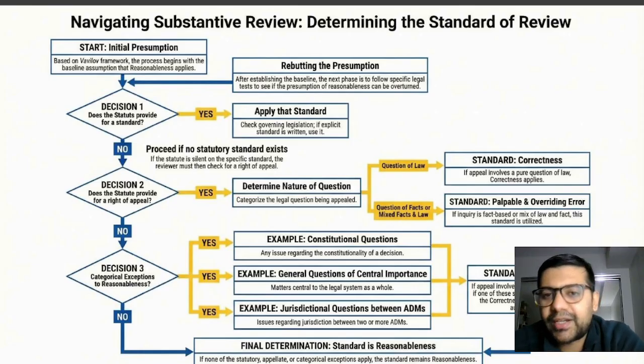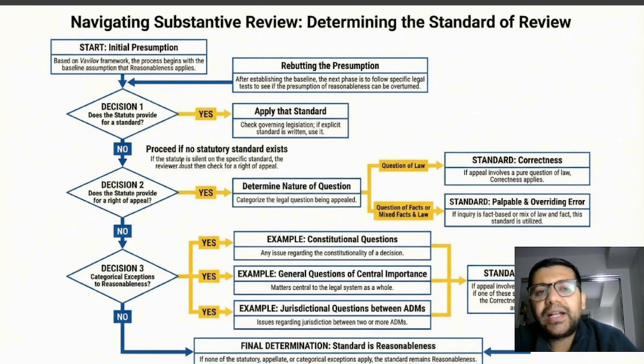They want to be as correct as possible. But for the administrative body, the presumption is that the standard of review for the court will be reasonableness. Was the decision reasonable enough or not?